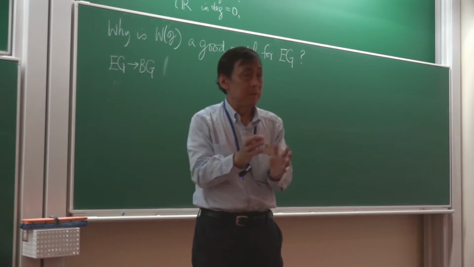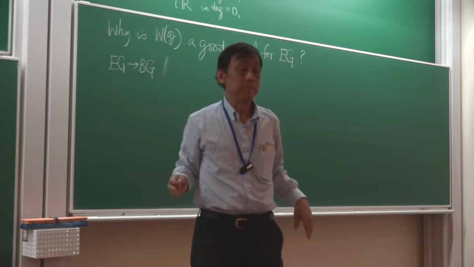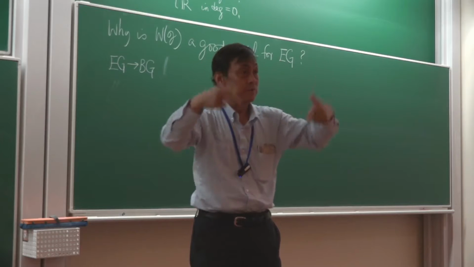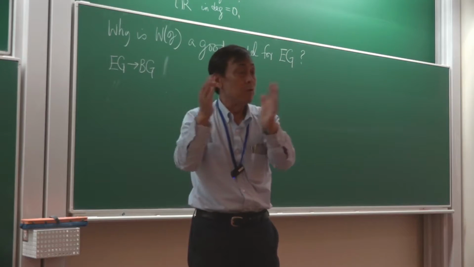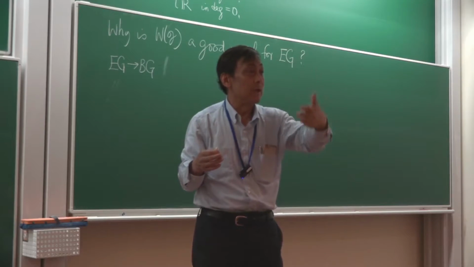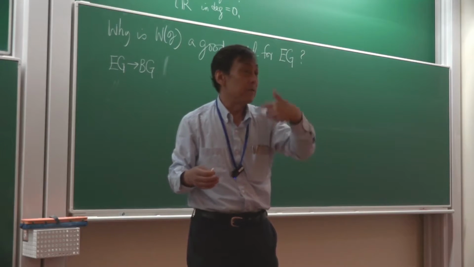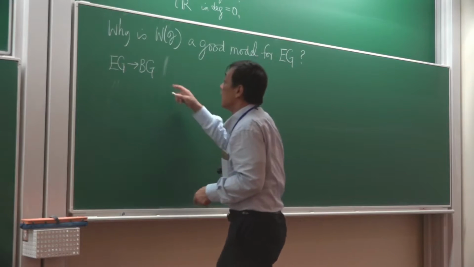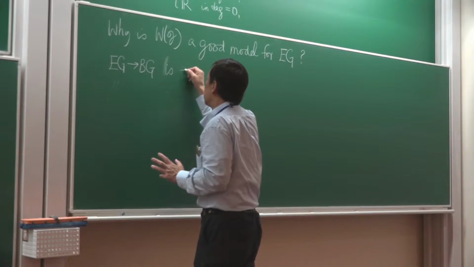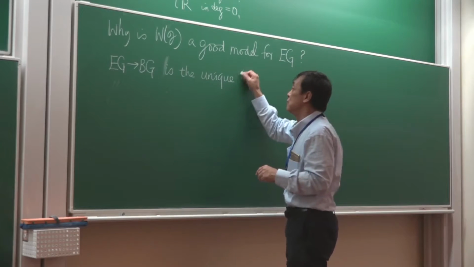So the base spaces are homotopic, and the total spaces have an action of the group G, so they are homotopic via a homotopy that respects the action of the group G. So I'll just say that this is unique up to G homotopy.